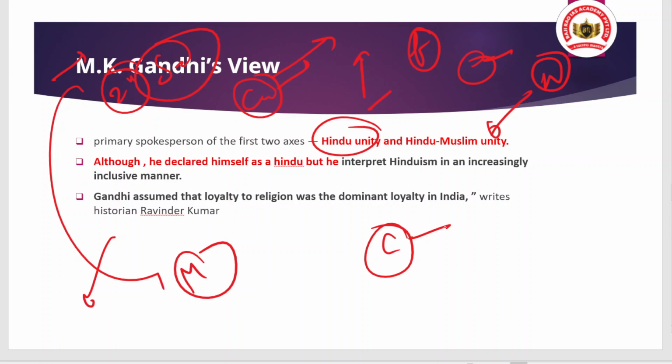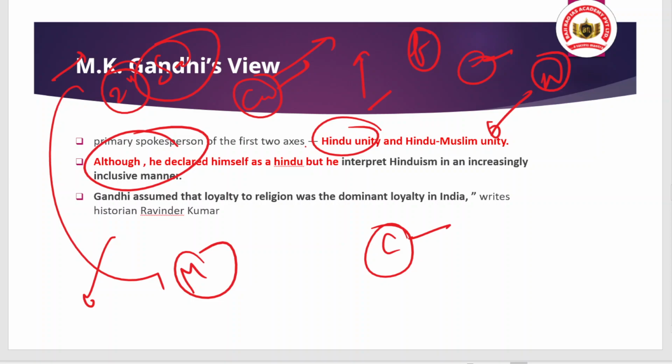That's why there were some differences between these two personalities. However, when we talk about Mahatma Gandhi, he declared himself a Hindu, but a Hindu in liberal form, in simple meaning that he always tried to adopt inclusiveness.